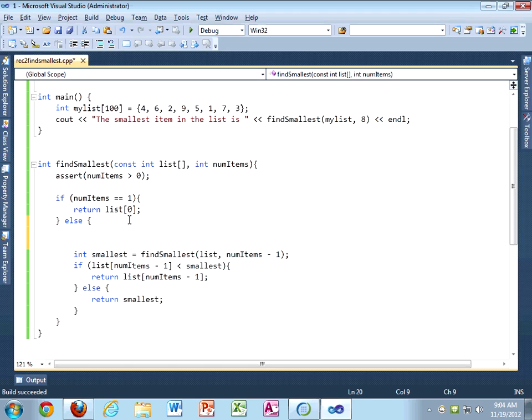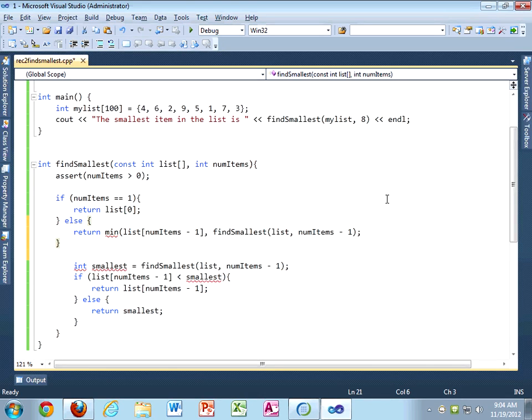So instead of all of that down there, I could just say return min of list of num items minus 1 and find smallest list of items. That make sense? And then getting rid of all of that.